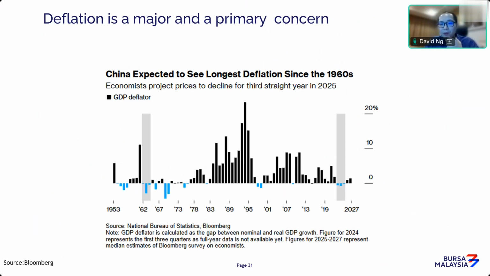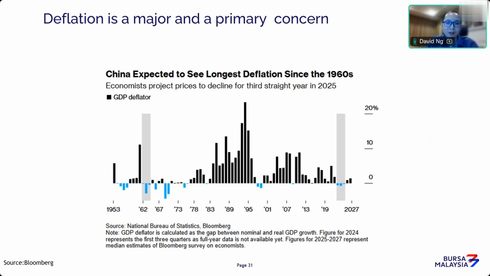Now, in terms of their own internal domestic economy, the issue is always about prices. If you look at prices on a month-to-month or year-on-year basis, they're actually declining. So China is pretty much lost when it comes to general prices, and we term that China is actually entering deflation mode.